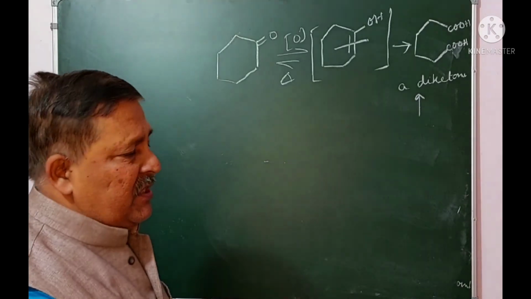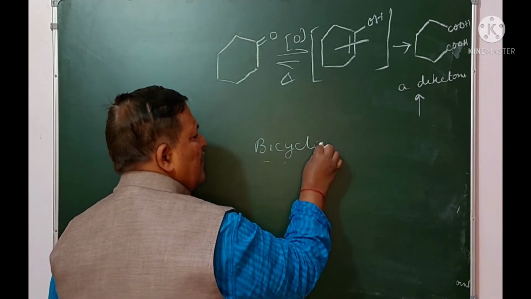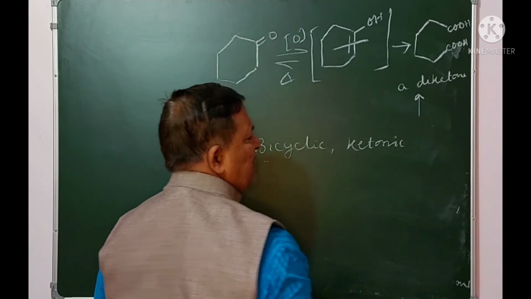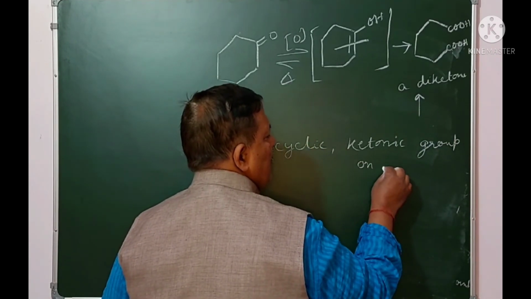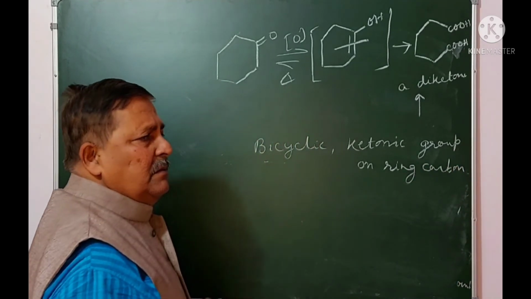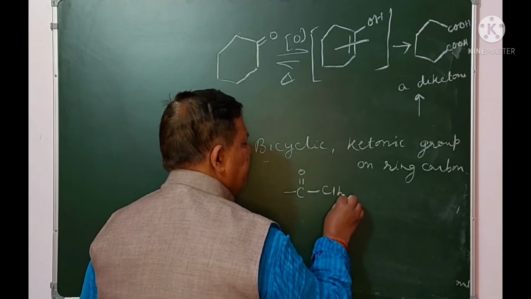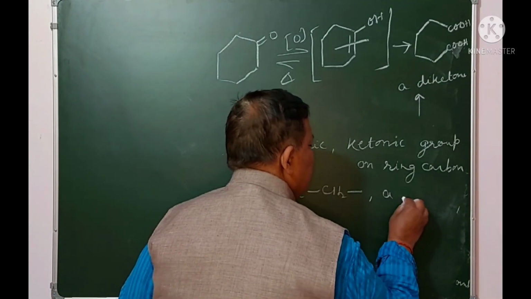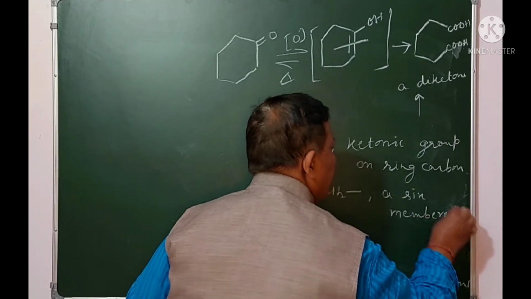So, from the above reactions, we have the conclusion that camphor is bicyclic, in which ketonic group is present in the ring carbon, and this ketonic group having this constitution. It has also a six-member ring.